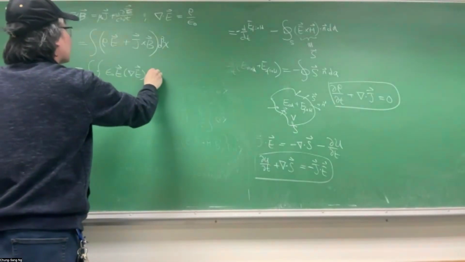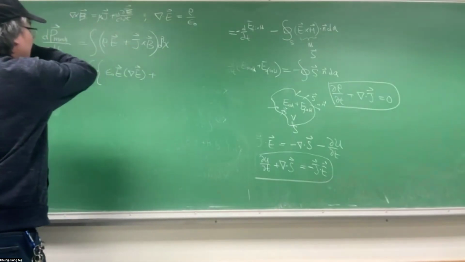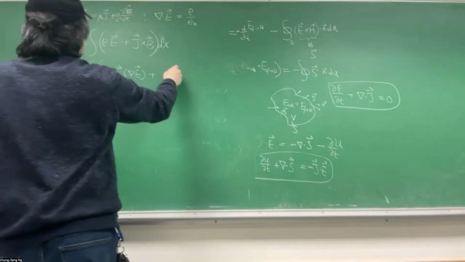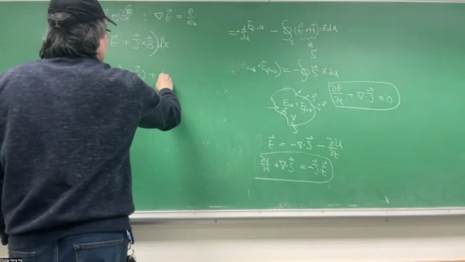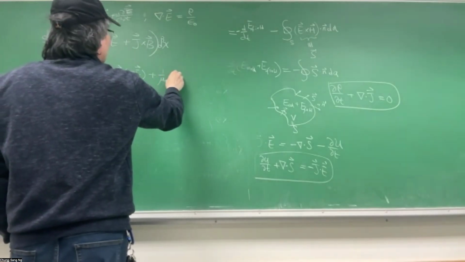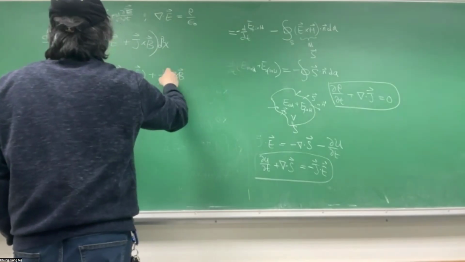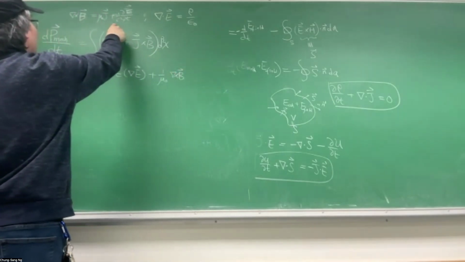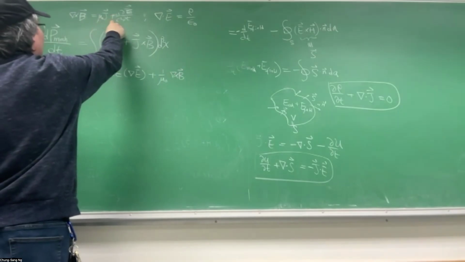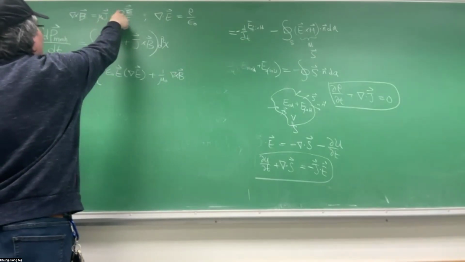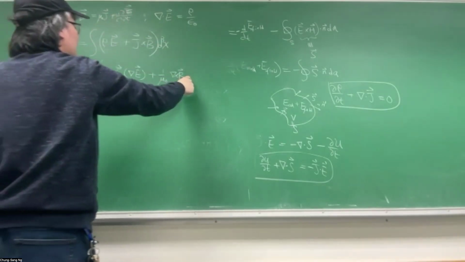And then J is now 1 over mu zero curl B, right? And you divide by mu zero. This is mu zero epsilon zero, so that becomes epsilon zero.